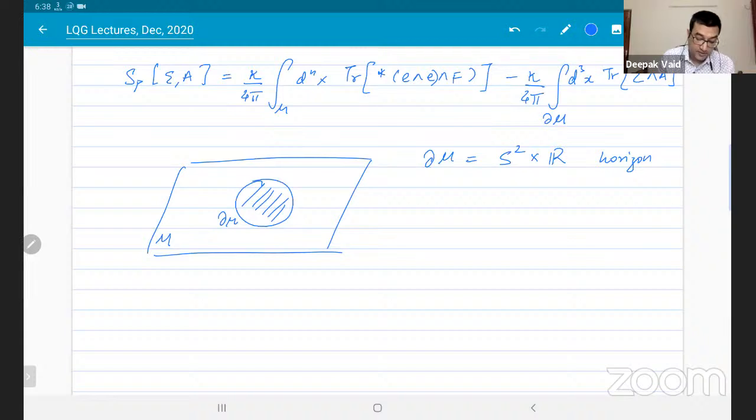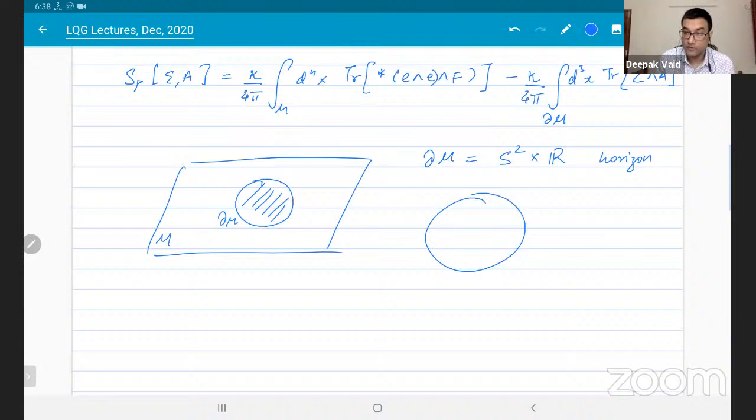And the way we define this surface is as follows. This is a null surface.